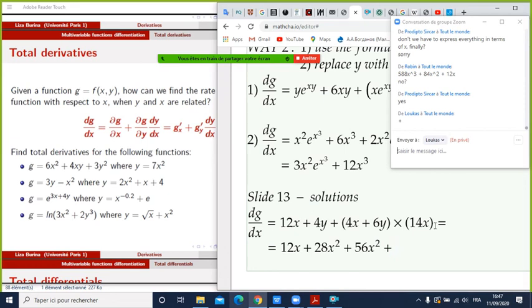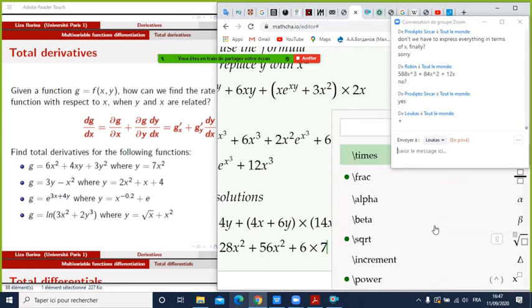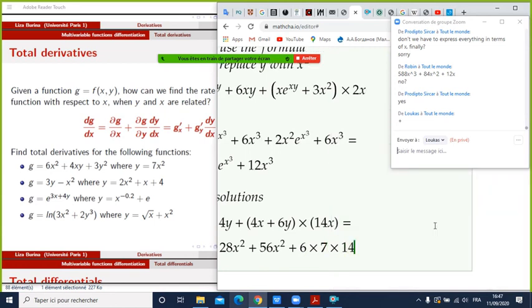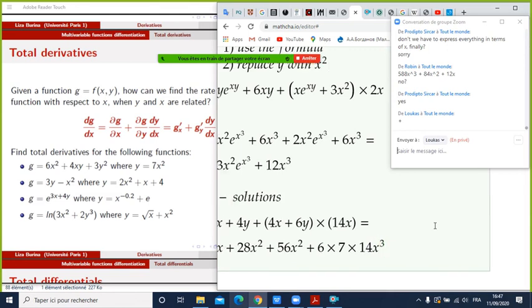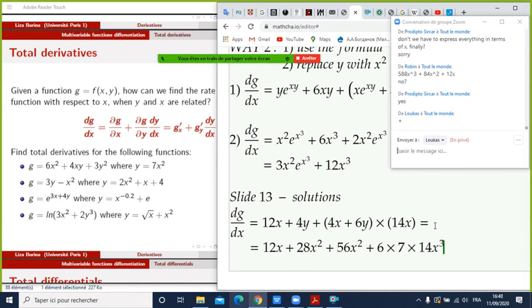So we end up with 6 times 7 times 14x cubed. And it looks good to me. Yes, looks good to me. Perfect. So that was the first one.